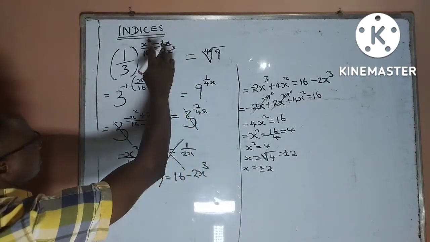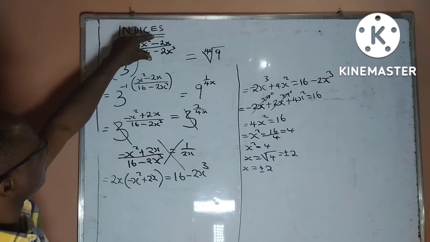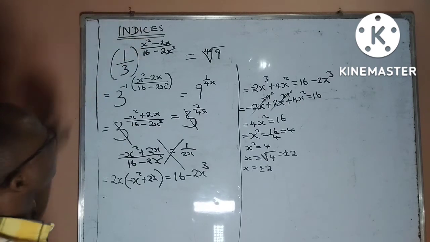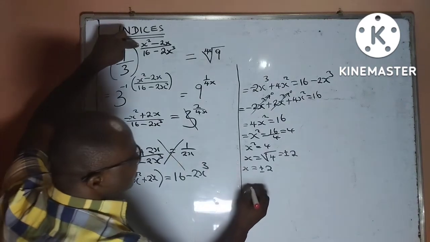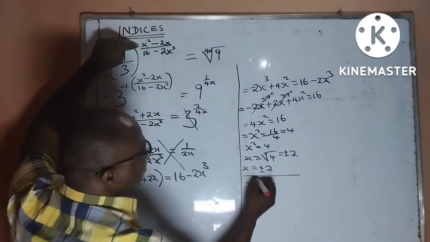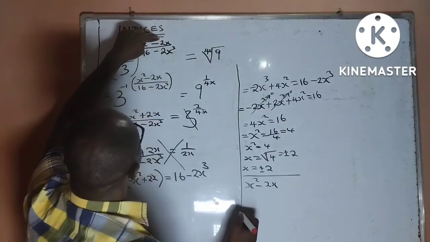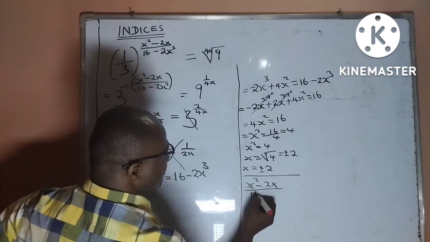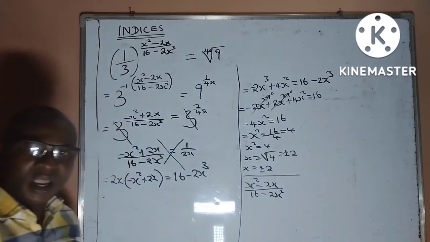We come back to the question. Here we got, from here, we result that x raised to the power 2 minus 2x all over 16 minus 2x raised to the power 3.